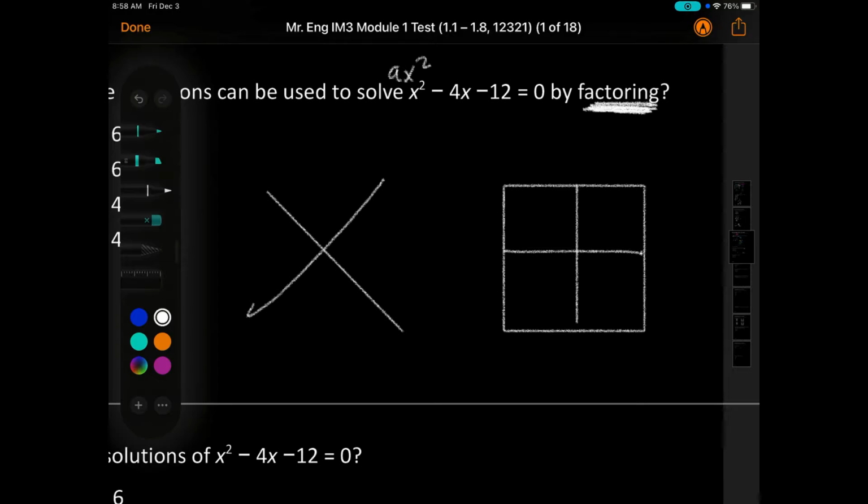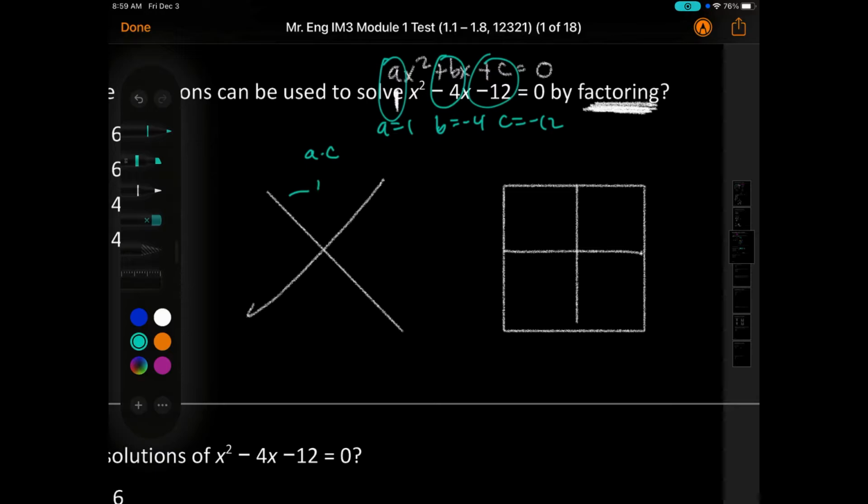And it works when you have it in standard form. So notice there's no parentheses, and it's set equal to 0. There's no number in front. That would be A is 1, B is -4, and C is -12. So A times C is going to be -12, and your B value is going to be -4.